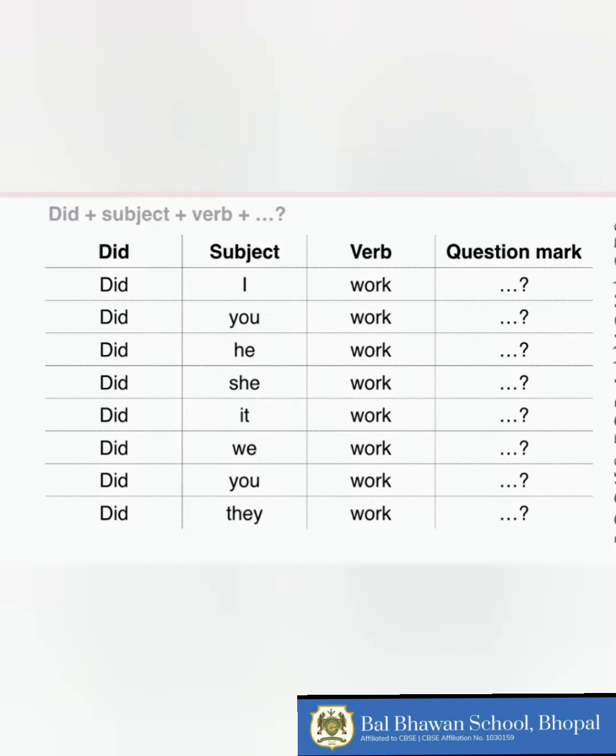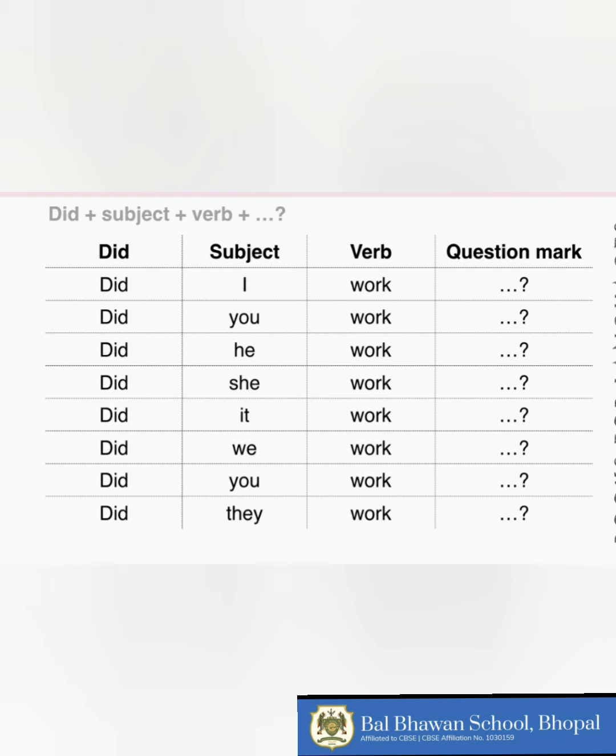Let us look at how to frame an interrogative sentence using simple past tense. For this, the sentence structure is in front of you. It is did plus subject plus verb plus question mark. Here is a point to remember.